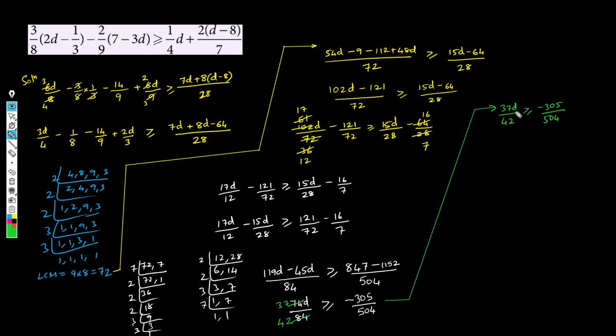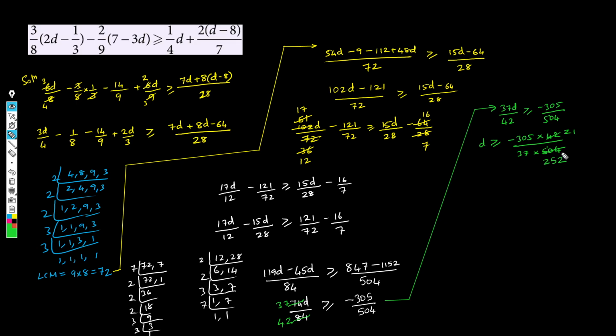Let me cross multiply the numbers. D would be greater than or equal to minus 305 into 42 by 37 into 504. I can divide the 42 and 504 with 2. Let me proceed with that. 2 21s are 42, 2 2s are 4, 2 5s are 10, and 2 2s are 4.